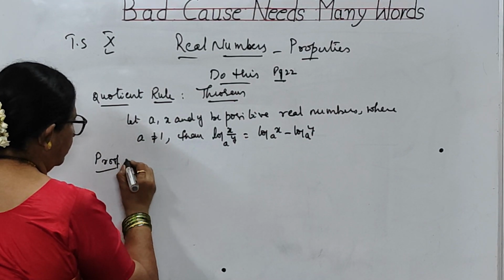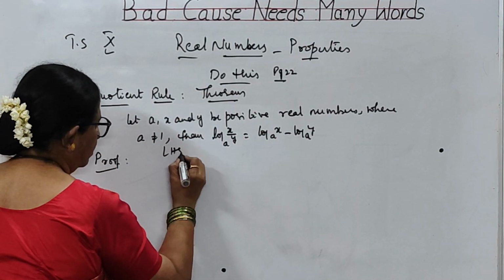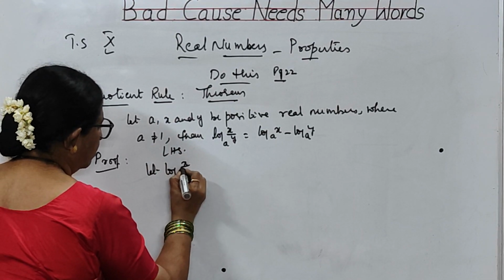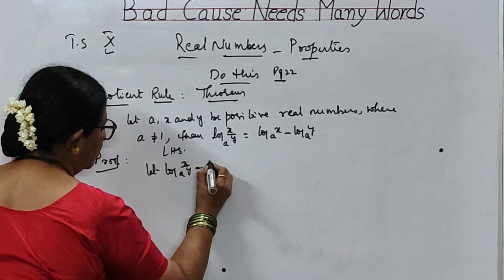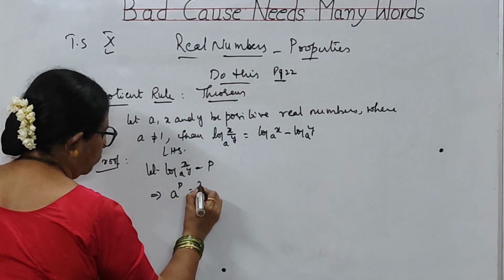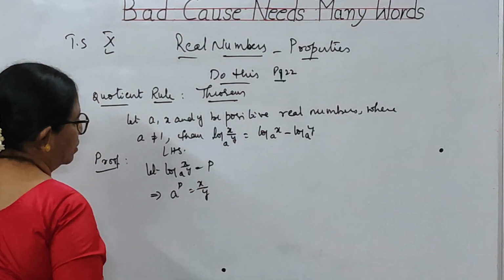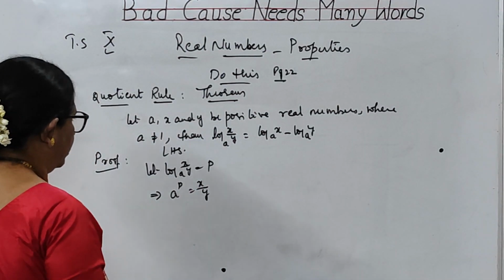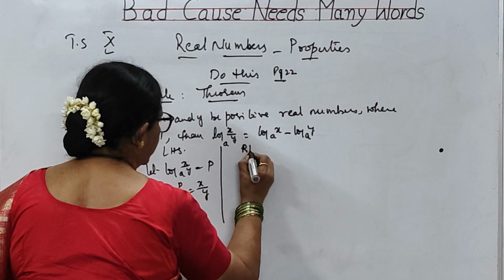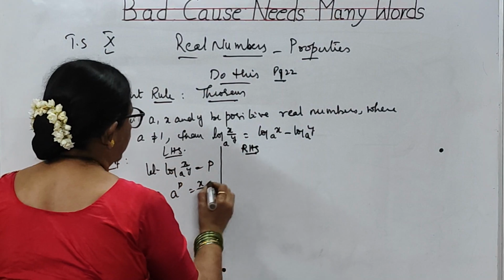The proof here is, take LHS, let log x by y to the base a is equal to p. What does this imply? A to the power of p is equal to x by y. Now go to RHS.